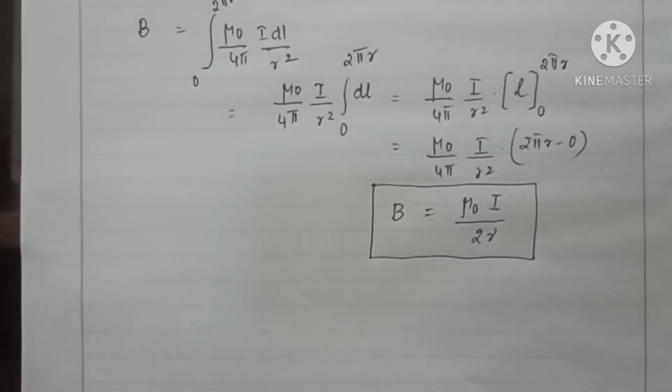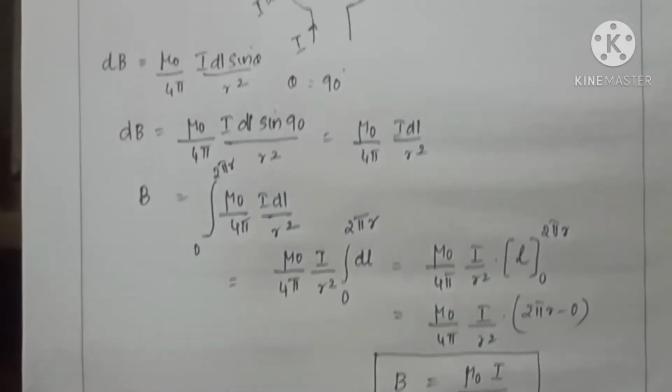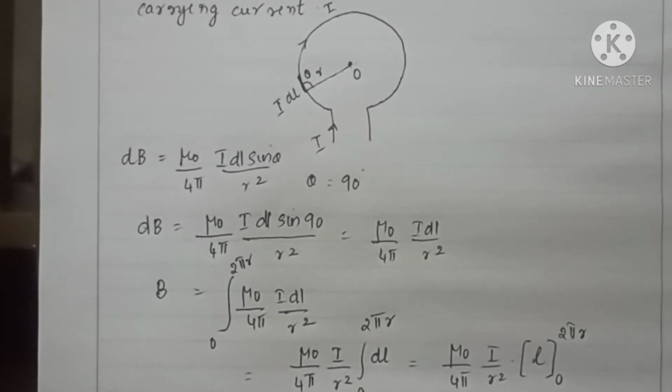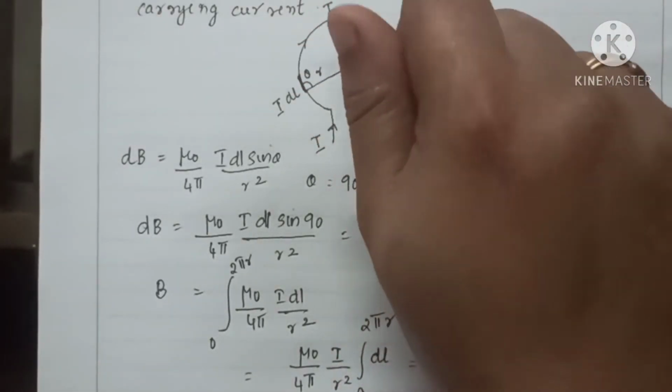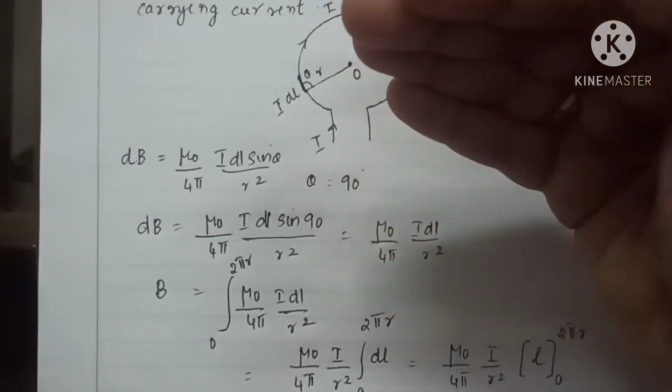Okay. Now, how will you find the direction of the magnetic field in this case? Yesterday we studied the right hand screw rule, right? In that we said that if the rotation of the screw is in the clockwise direction, the screw will be moving inward.